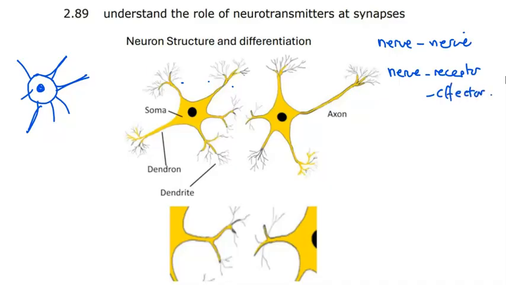But here we will focus on two nerves communicating with each other. The extensions of the cytoplasm, labeled here as dendrites, are very fine connections which come close to each other. And I've drawn that slightly larger here again.